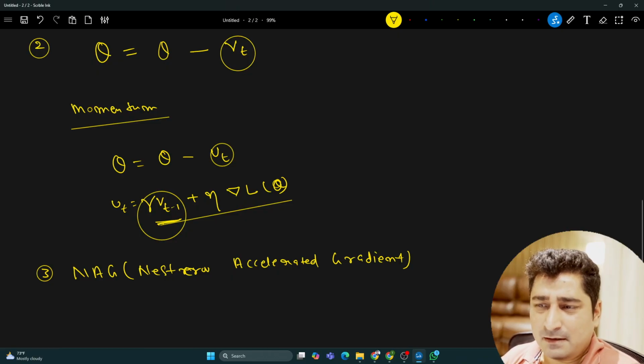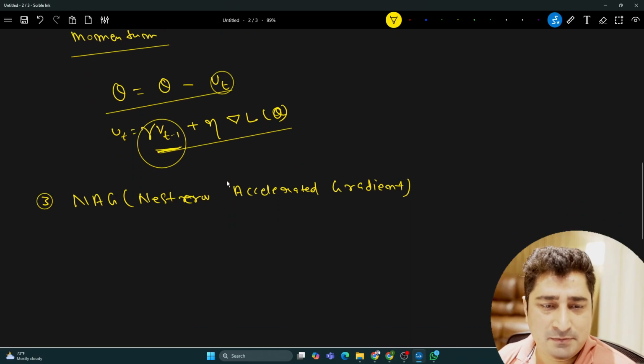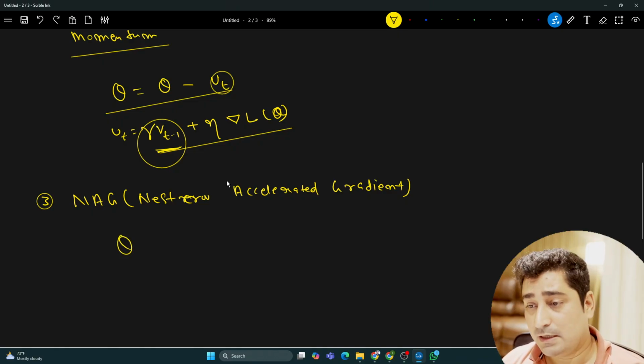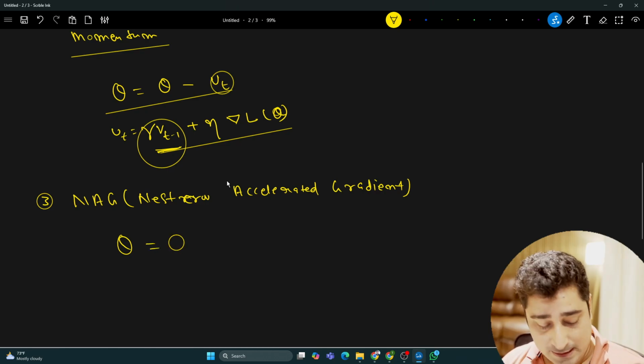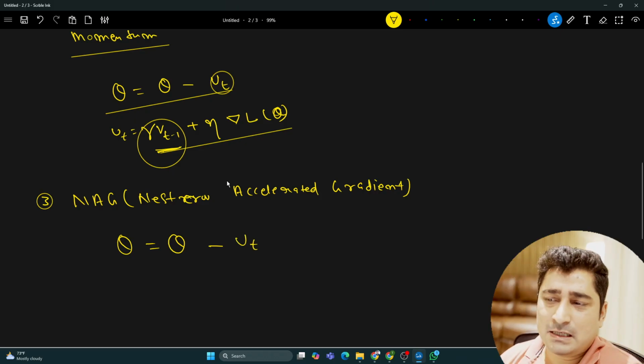This is my objective at the end of the day. I'll keep on playing with the Vt, by the way. I'll keep on changing the value of the Vt. So new theta is going to be old theta, old theta meaning old value, and then a Vt. Maybe I can try to change the equation of the Vt.